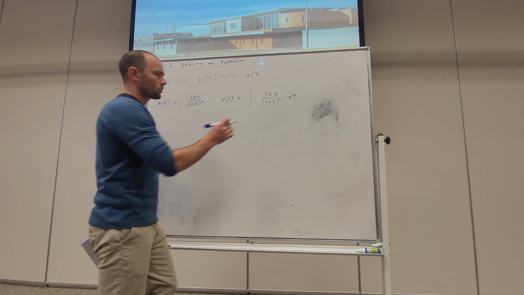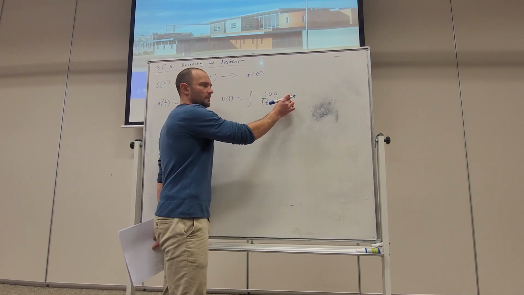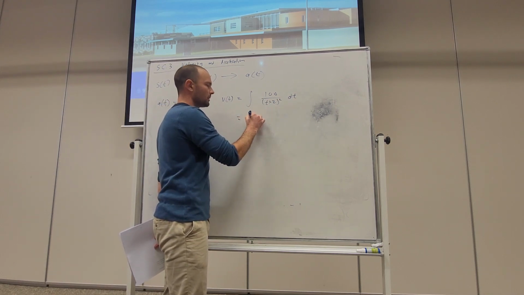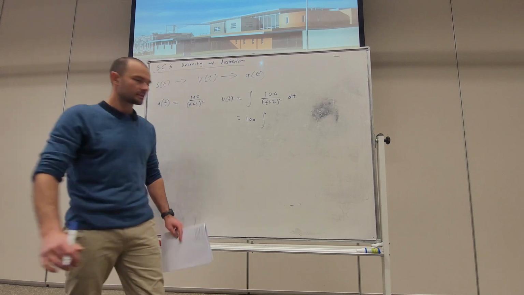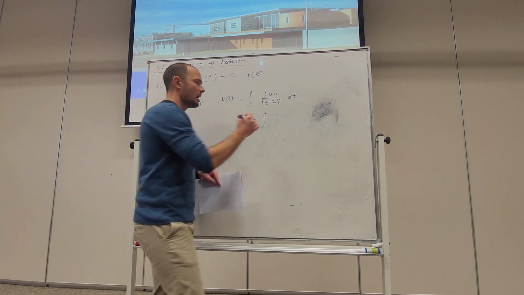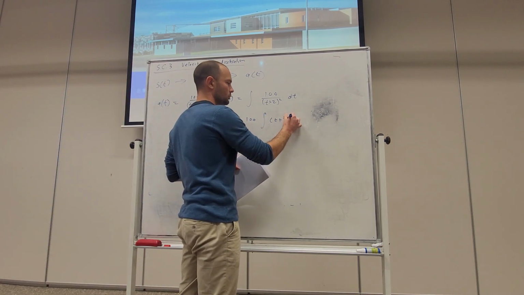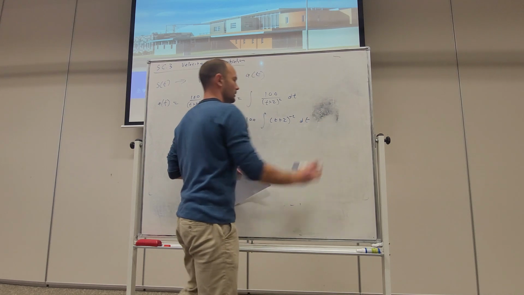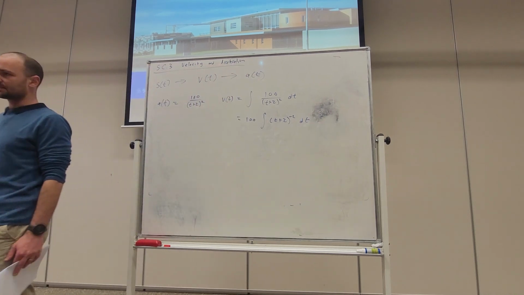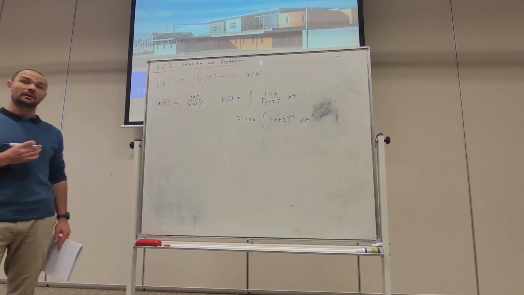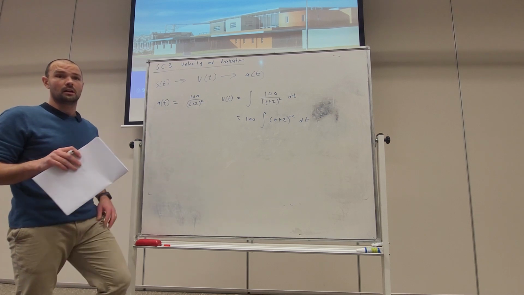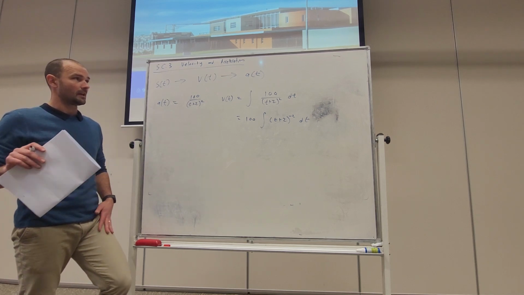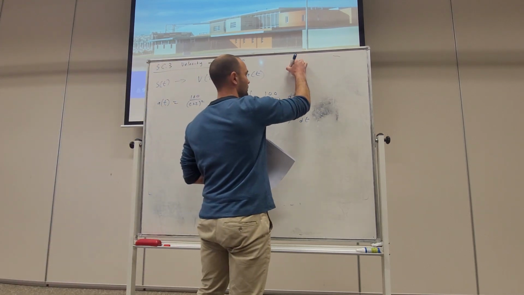Now the way we're going to treat this is we have (ax plus b) to the power of n. There's a couple of properties of integrals we can use to simplify this. We can pull the 100 out the front, and we're going to express it as (t plus 2) to the power of minus 2. Now we can see it's (ax plus b) to the power of n, so we're going to integrate it using the formula for (ax plus b) to the power of n. I'll state that up here quickly.